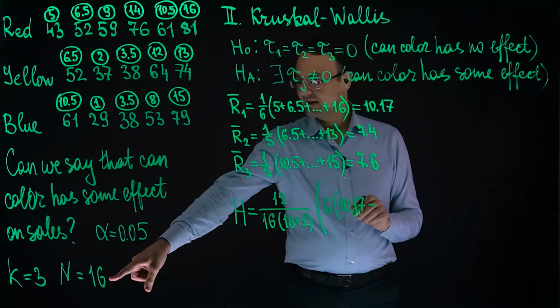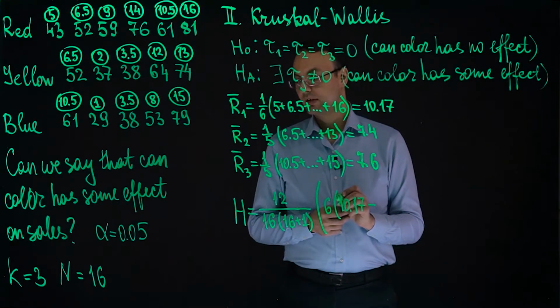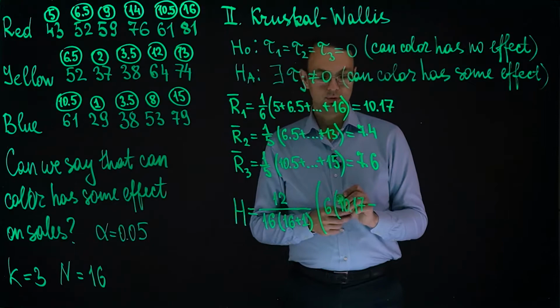Capital N is 16, 16 plus 1 is 17, 17 divided by 2 is 8.5.